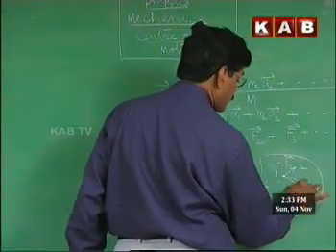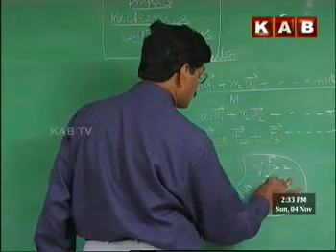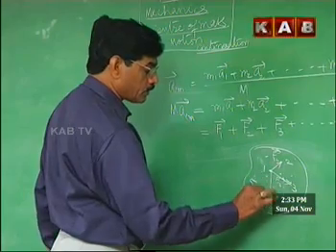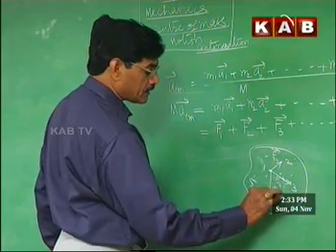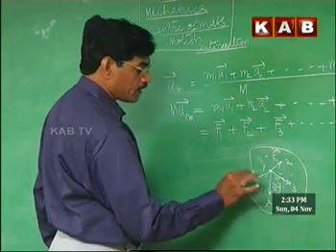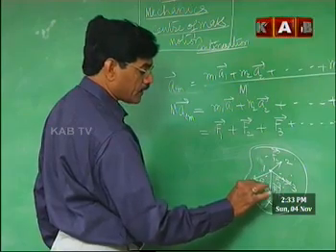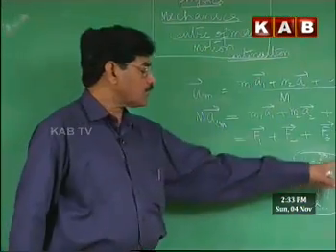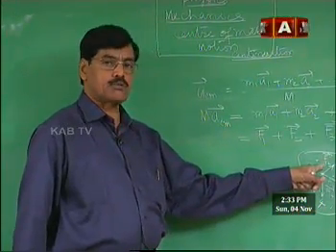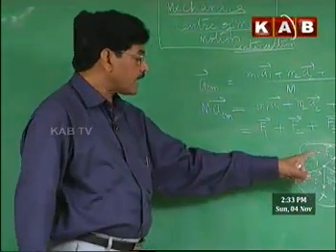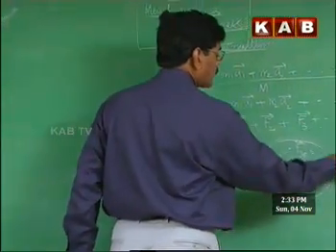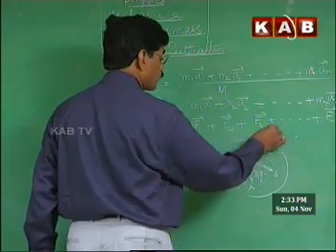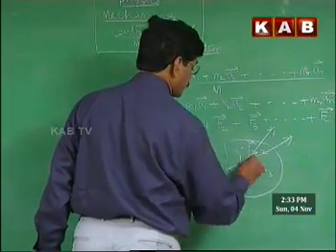Force on the first particle due to the third particle of the system. Force on the first particle due to the fourth particle of the system. And force on the first particle due to the fifth particle. Like that, all the particles of the system exert force on the first particle. In addition to that, the particles lying outside the system will also exert forces on this.